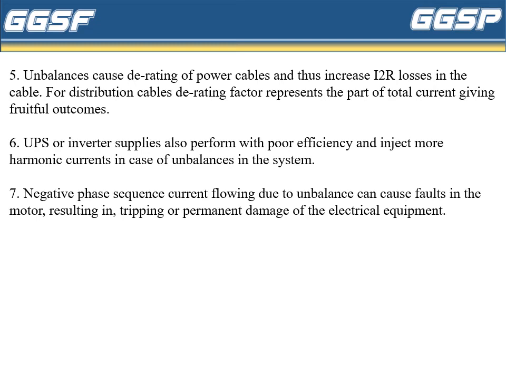Sixth, UPS or inverter supplies also perform with poor efficiency and inject more harmonic currents in case of unbalances in the system. Seventh, negative phase sequence current flowing due to the unbalance can cause faults in the motor, resulting in tripping or permanent damage of the electrical equipment, etc.